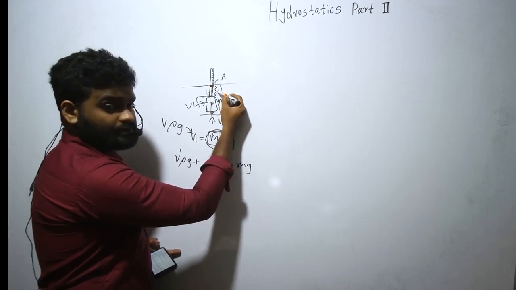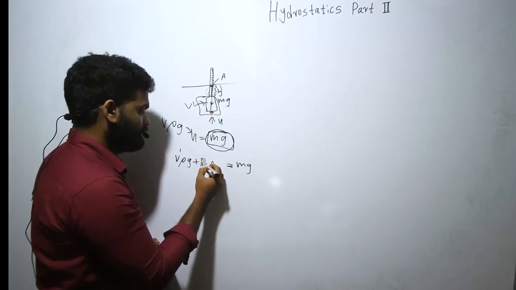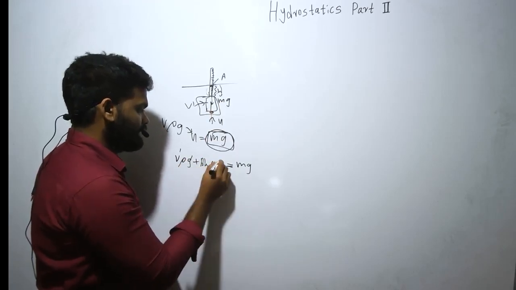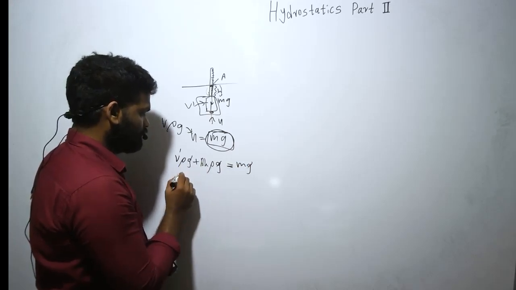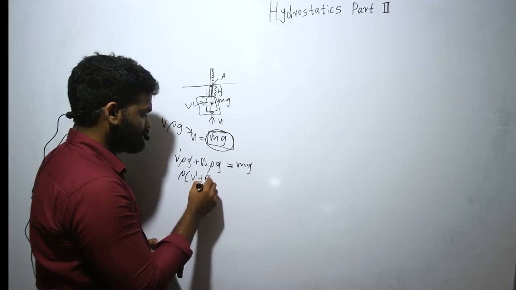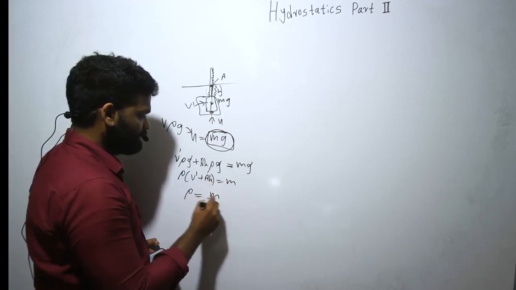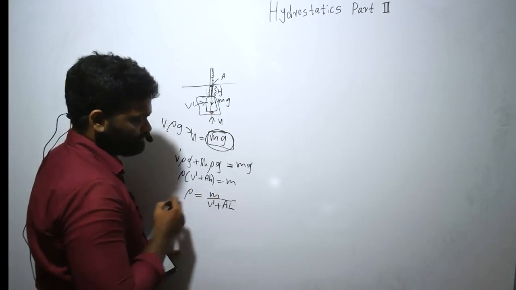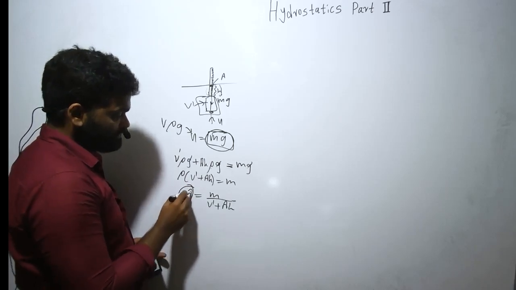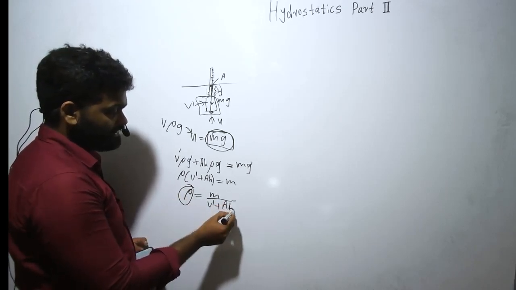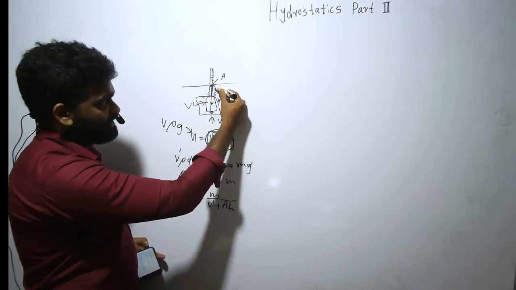Cross section times h, times the same density times g. Get rid of g. Then making rho the subject, you have rho equal to M divided by V dash plus A h. So you can clearly see the relationship between the density of the liquid and the immersed height, that is simply h of this stem, the immersed height of the stem.